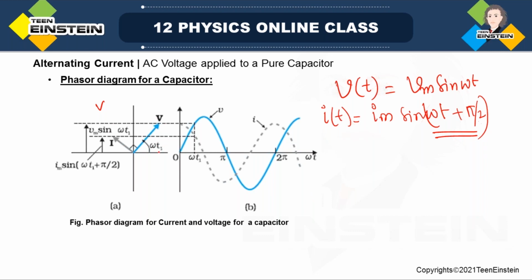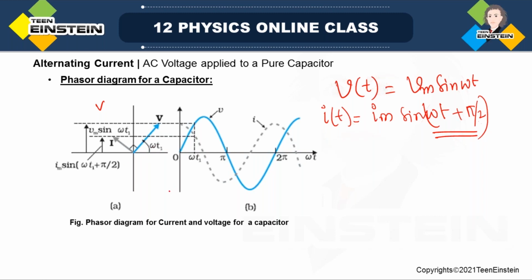Phasor diagram is a diagram which has two rotating vectors. One represents current, another represents the voltage, and these rotating vectors are rotating in the anticlockwise direction with the same frequency as the signal or the current has.